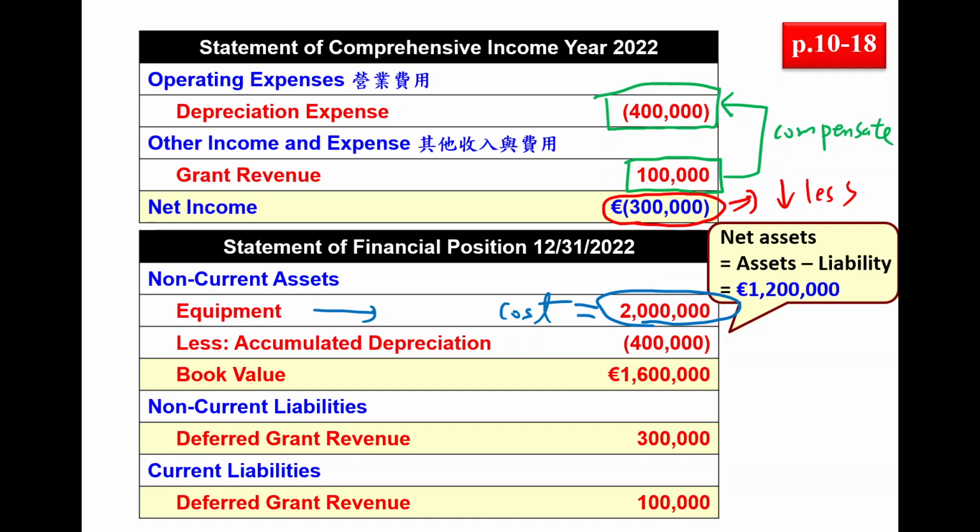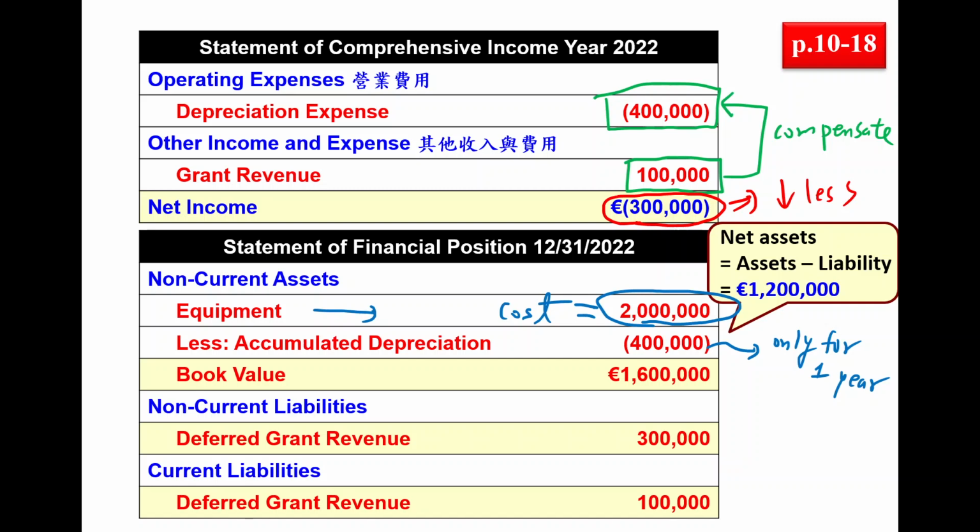Here, only 1 year. So that's right. We have only $400,000 for 1 year right now. So that's why after 1 year, your book value for PP&E is only 1.6 million.